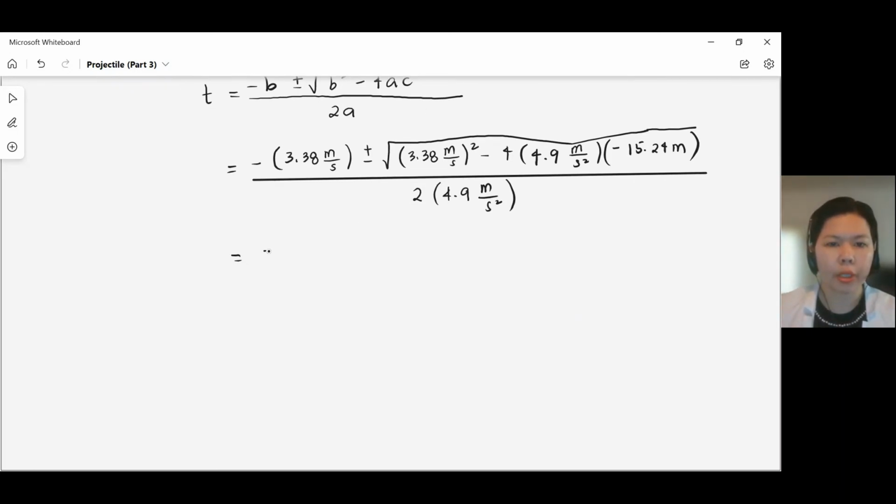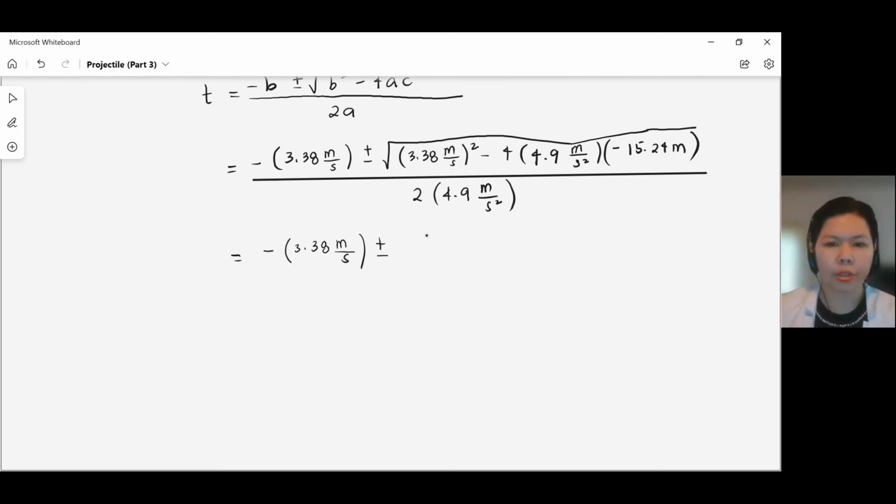Using your calculator, extract the square root of 3.38 squared minus 4 times 4.9 times negative 15.24.